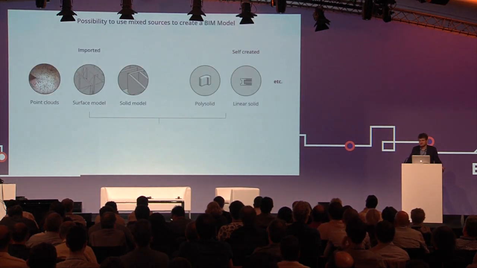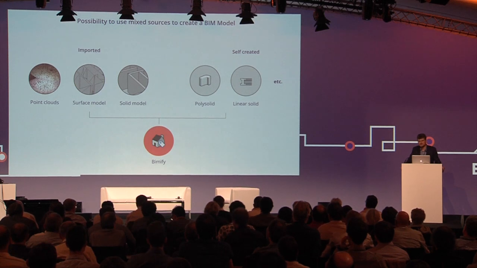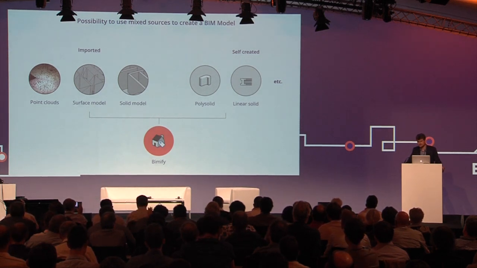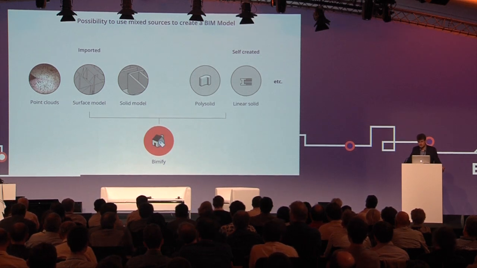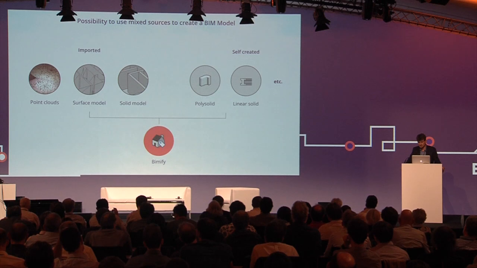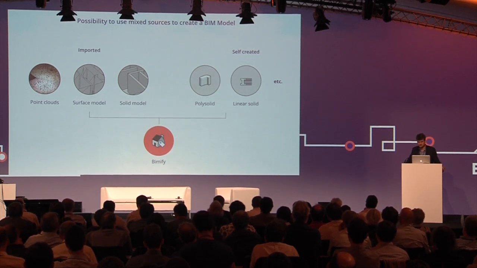Another advantage of this workflow is that it becomes very easy to mix various sources of geometry. Suppose you want to do a renovation project. Then you can start with a point cloud scan. You can model the extensions directly in BIM with the tools we showed this afternoon.